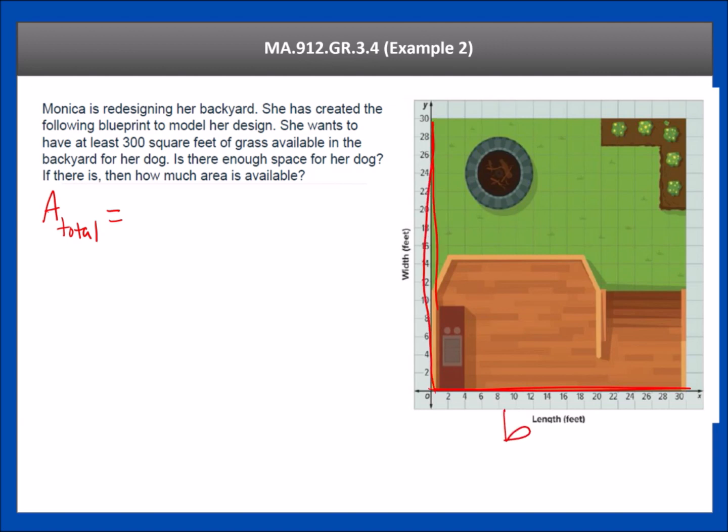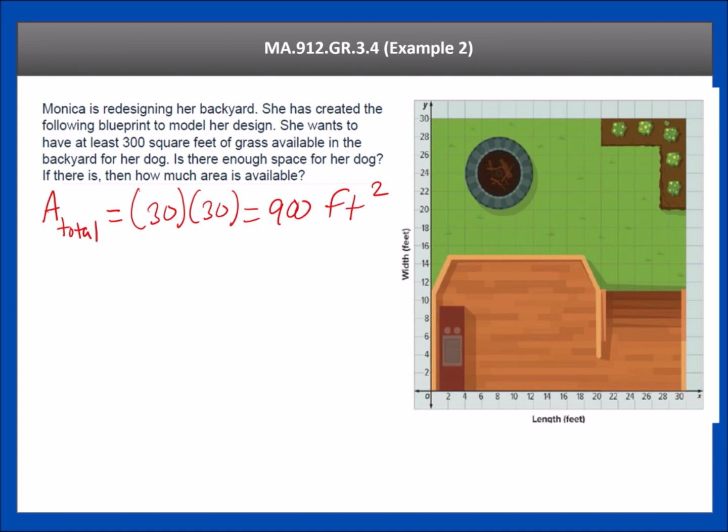We got the base, we got our height. Our base is 30. This is 30 right here, and this is 30 as well. So the area of that entire part is 30 times 30, which is 900 square feet. So they have 900 square feet, including this house portion.